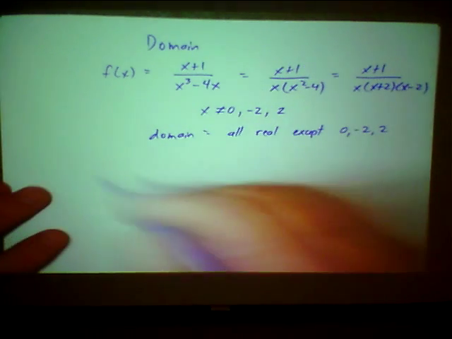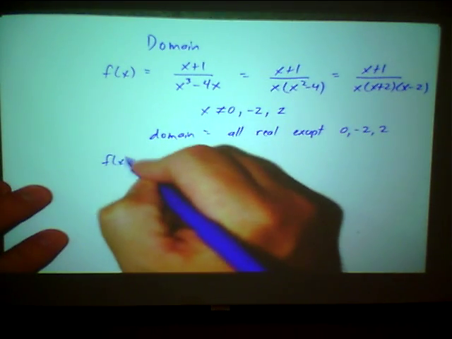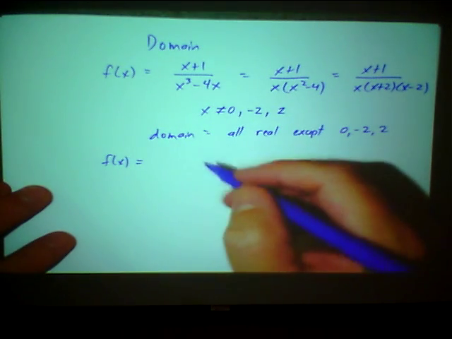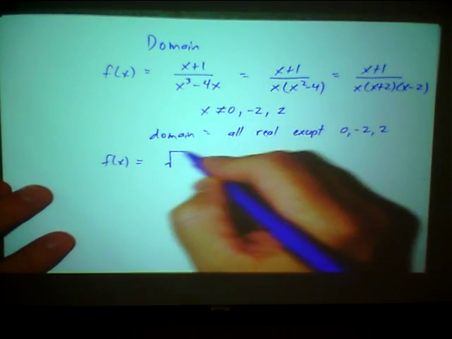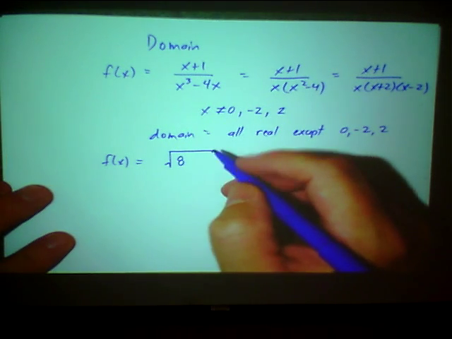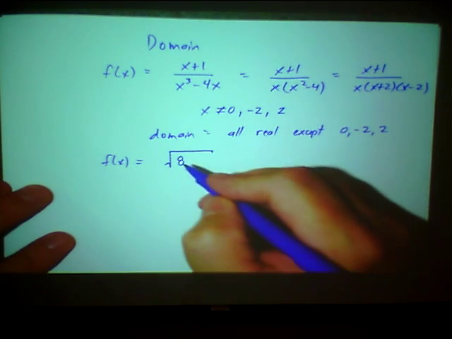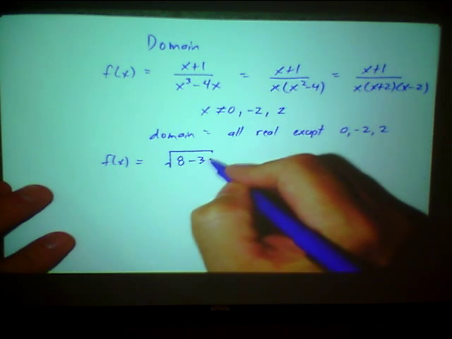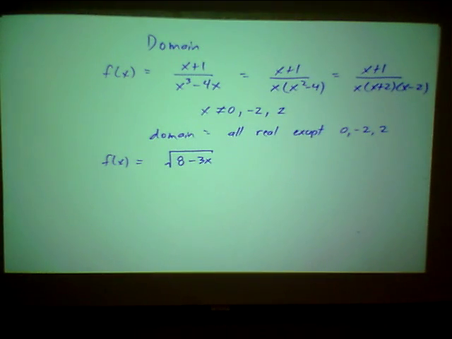But the second kind of domain we have to think about are when we have square roots. So let's look at this problem. F of x equals the square root of 8 minus 3x. What do we know about square roots? We know, if we're talking about real numbers here, that we can never take the square root of a negative number.